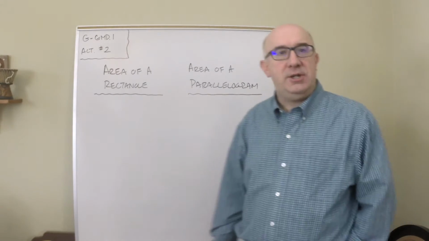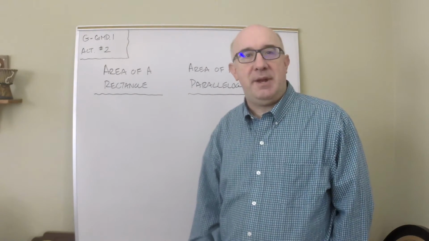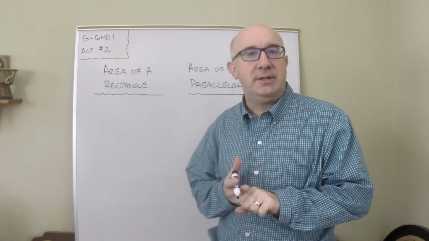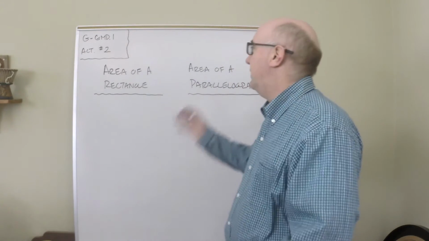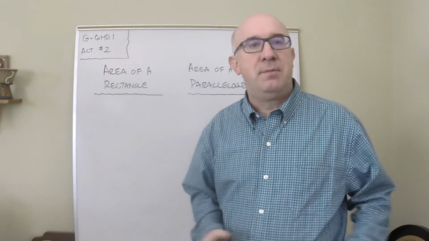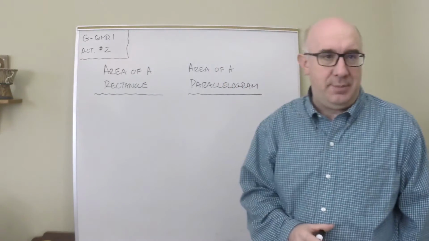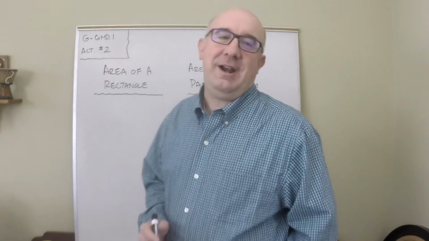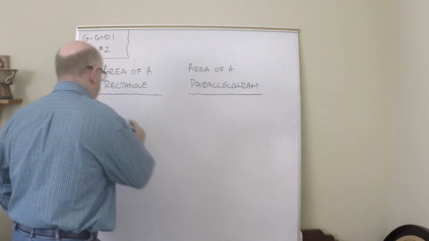Looking at G-GMD, which is basically geometric measurement and dimensions. We're going to look at the basics of area here, building it up to volume. So the most basic shape that we know for area is a rectangle.